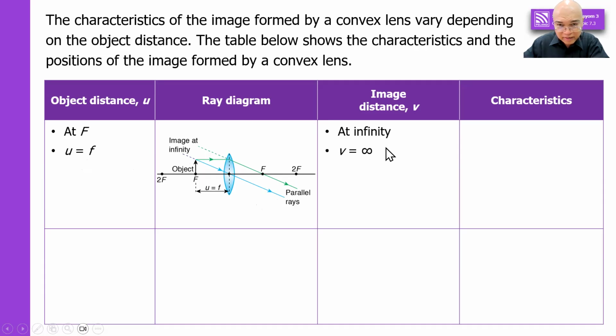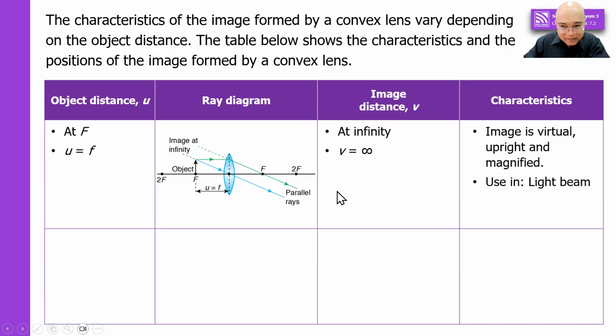At infinity, here, the image distance is infinity. All right, okay, and the image is virtual, upright, and magnified. Okay, and then used in a light beam. You know light beam? Right.